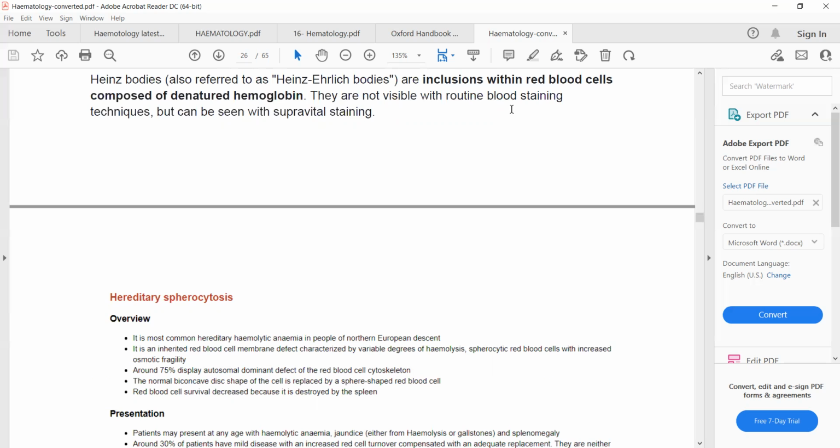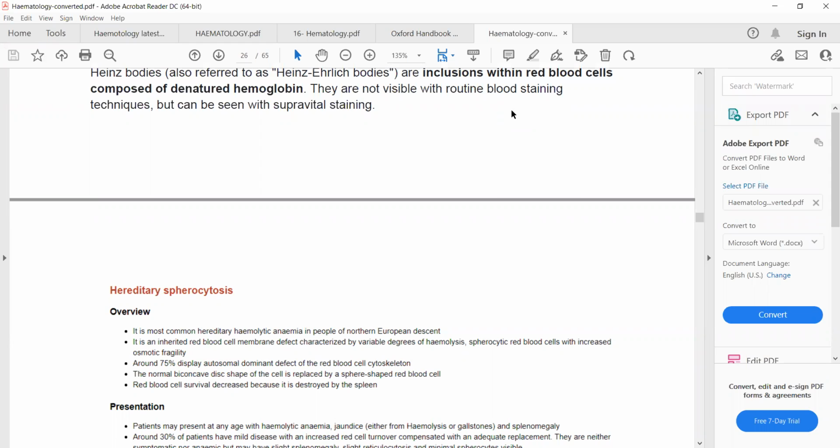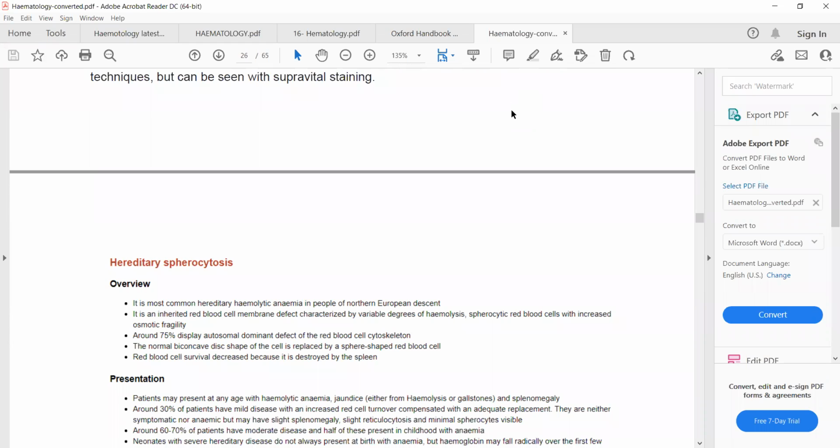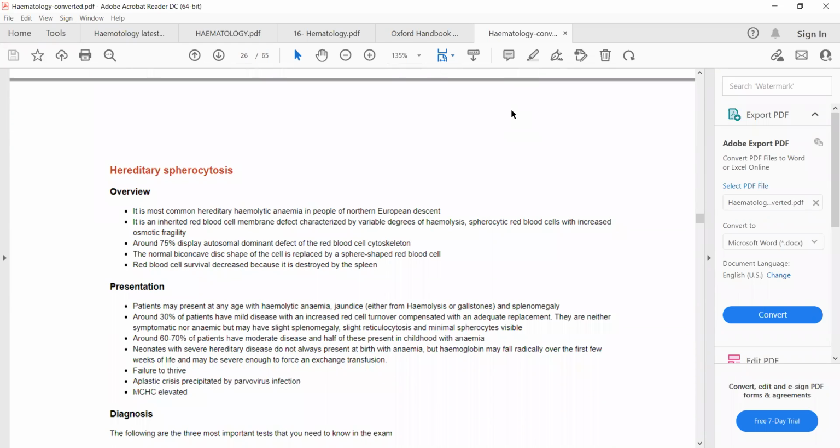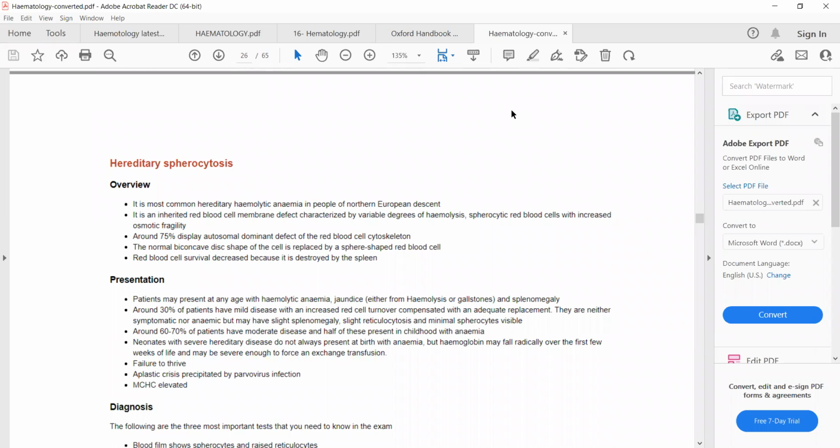So we have started from the RBC membrane, and we are discussing the causes of hemolysis. The first cause that we discussed was caused by an enzyme deficiency. Now the second cause is caused by a defect in the RBC membrane, a defect in the RBC membrane that leads to hemolysis.